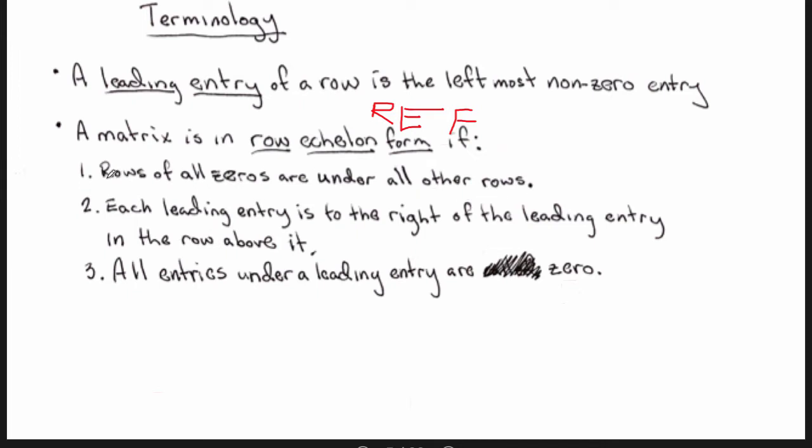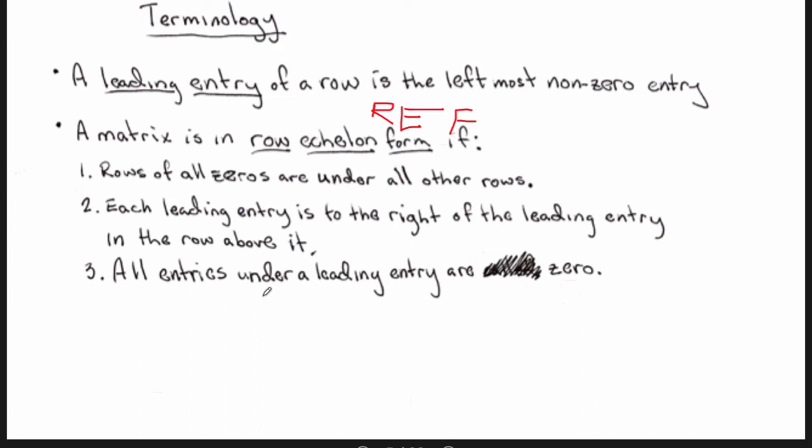In other words, zeros are at the bottom. Each leading entry is to the right of the leading entry in the row above it, so there are no columns that contain more than one leading entry. And all entries under a leading entry are 0.